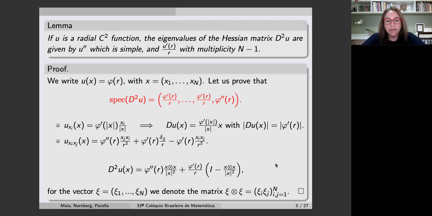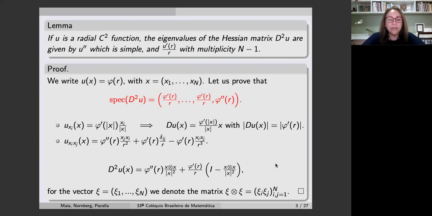So this gives the gradient of u at x as phi'(r)/r times x. And take second derivatives because we're going to approach the Hessian matrix. The second derivative u_{x_i x_j} at x is the sum of three terms: phi''(r) x_j x_i divided by r squared, plus phi'(r) delta_ij over r, minus phi'(r) x_i x_j divided by r to the third.